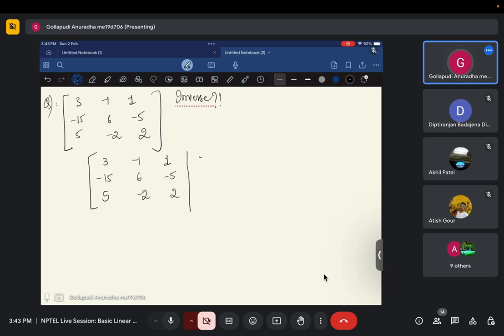We'll augment with the identity matrix here. We will do row operations such that this becomes the identity matrix, and whatever corresponding value we are getting here, that will be the inverse.